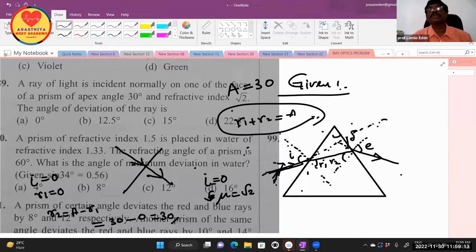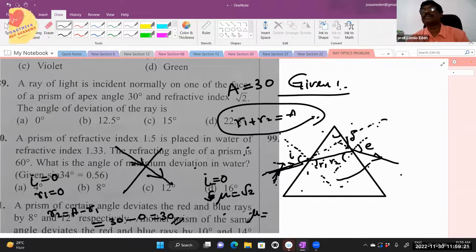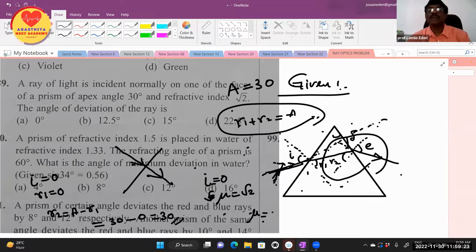Therefore, R2 is equal to 30. Now, we know that the mu formula is applied for this condition. Outside sin E, inside sin R2.